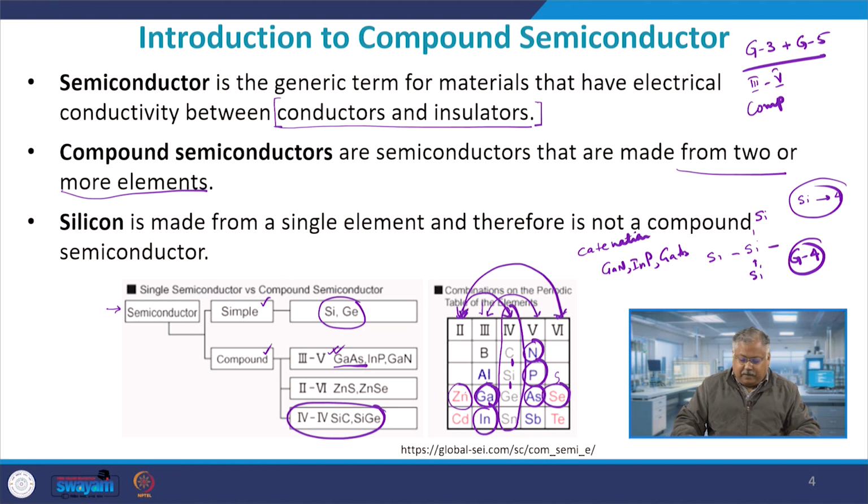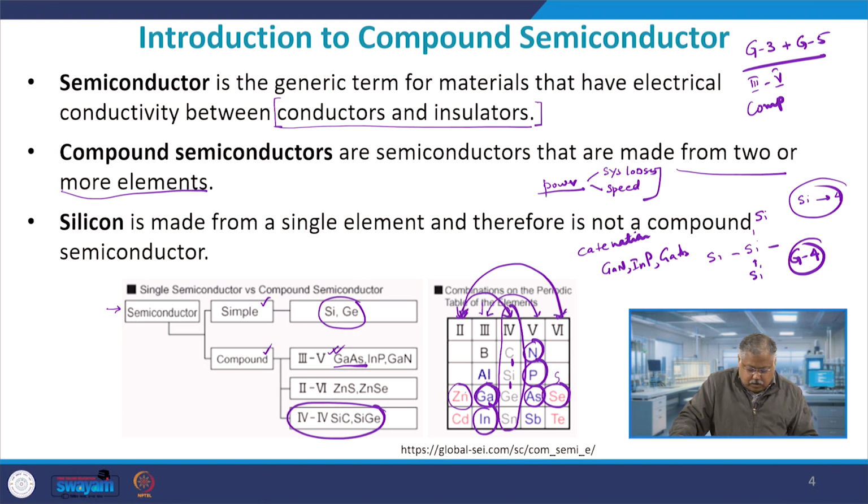If you want a power conversion system, then you need to ensure that the system losses and the speed are not compromised in any manner, which means that you should be able to switch from on to off state at a very fast pace, that is one. And second thing is you should not be losing power, because then the efficiency of your power converter goes down. So, these two characteristics are very well taken care of by, for example, a GaN device.